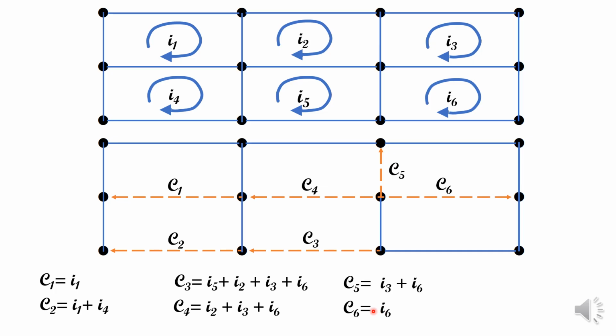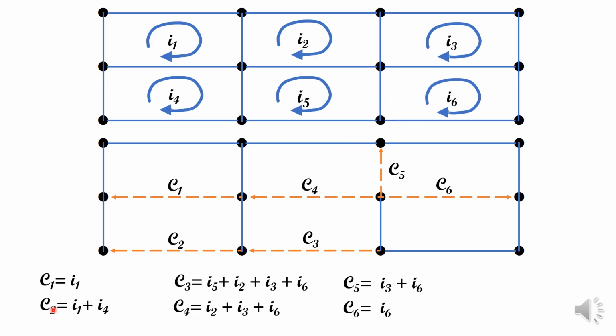Now, when I write these equations, I'm not writing them in the same way as an equation that equates a number to another number. I'm just using this as a notation to say that a current in this cycle C1 is equivalent to this loop current I1.